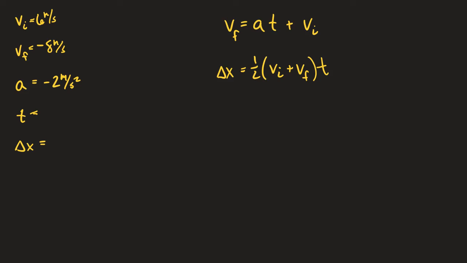If you'll notice, I have 1, 2, 3, 4, 5 different independent variables. In any one of these equations, how many are present? 4. You'll notice this one is missing delta x. This one is missing a. You follow so far?